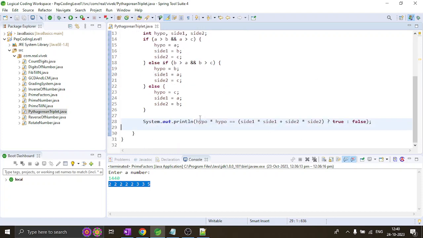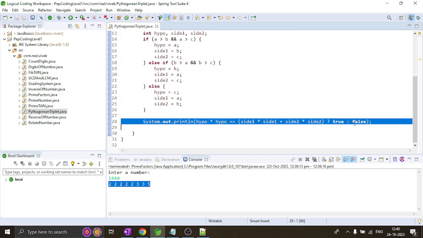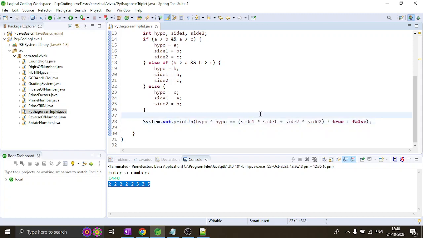So we are checking if hypotenuse square is equal to side 1 square plus side 2 square. If it is true, then we print true, and if it is false, we print false. Okay, so let's try to run this.